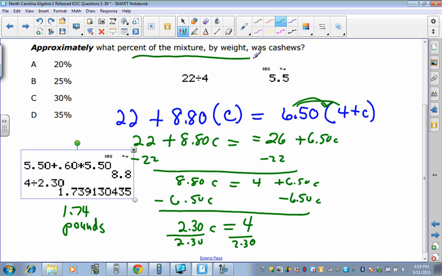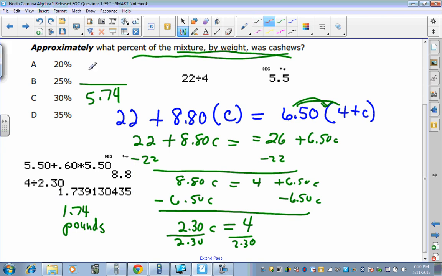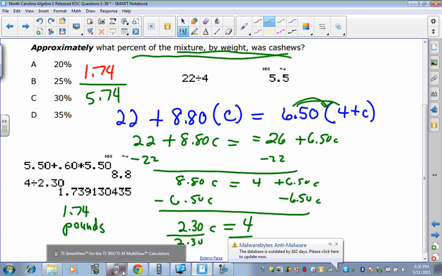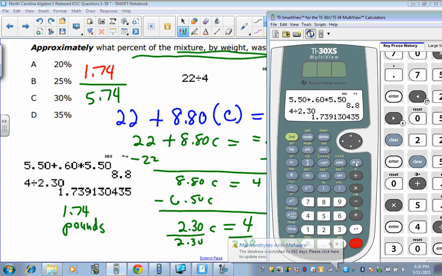What percent of the mixture was cashews? Well, remember it was 4 pounds of almonds. So the total mixture weighed 5.74 pounds. We want to know the percent of the cashews. That's going to be part divided by whole. So that's 1.74 divided by that. So we'll finally find our answer now.